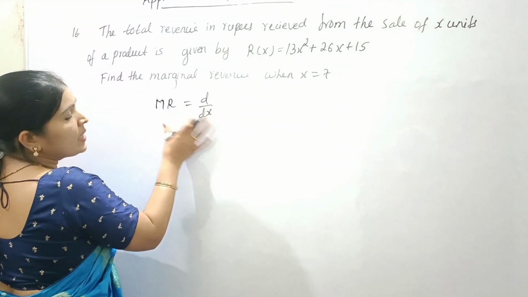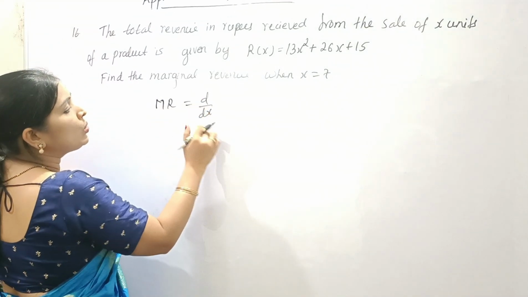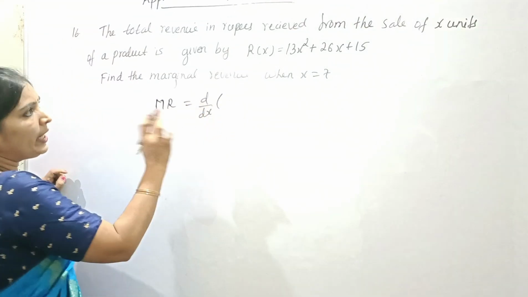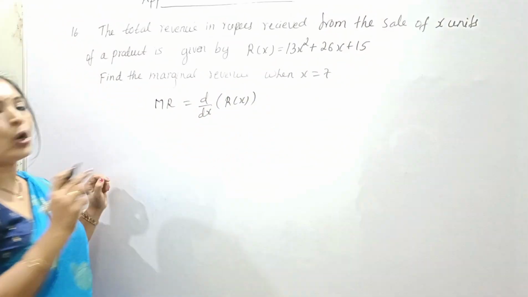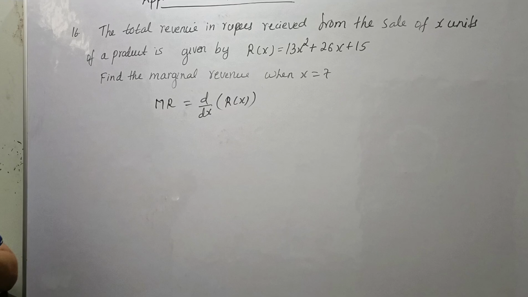So here total revenue is given, and we have to find the marginal revenue when 7 units are sold. Marginal revenue is nothing but the rate of change of total revenue with respect to a unit.